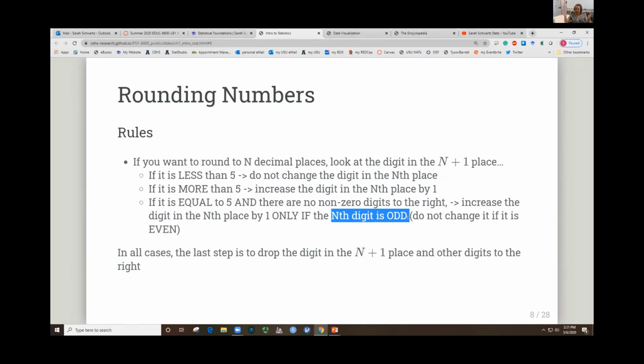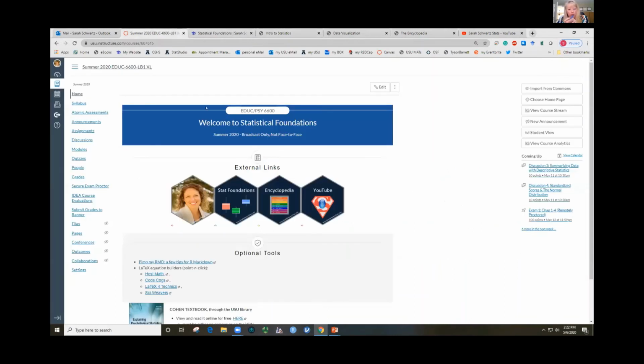Just know that there are these other rules that other software and other people use traditionally, but I'm not going to get really nitpicky about it. So, if the number after the place value you want to round to is a 5 and nothing else, that's when you use this rule.